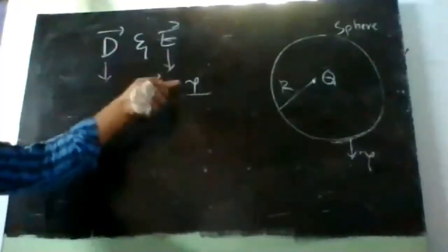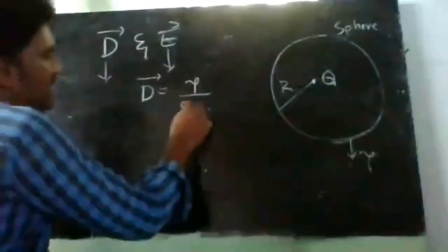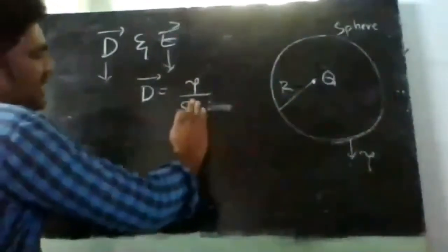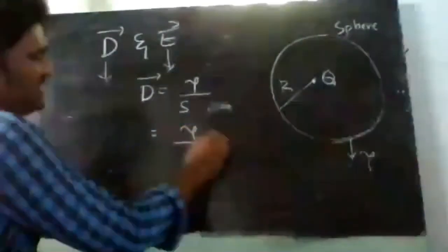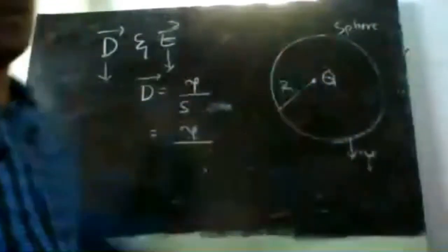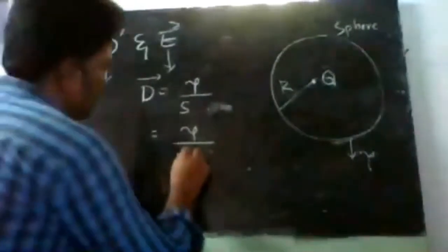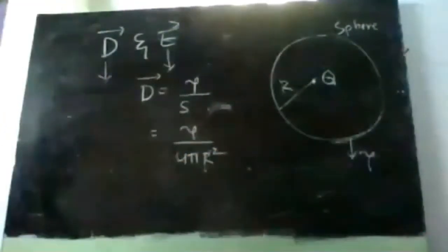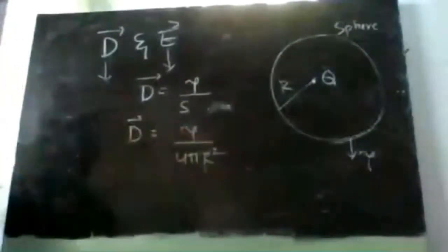D bar is the total flux divided by the surface area. The total flux is psi, so psi by S, where S is the surface area. What is the surface area of the sphere? The surface area of a sphere is 4 pi r square. So D bar is equal to psi by 4 pi r square.